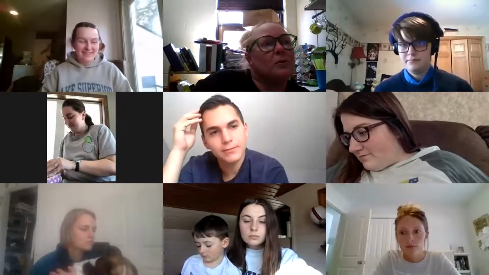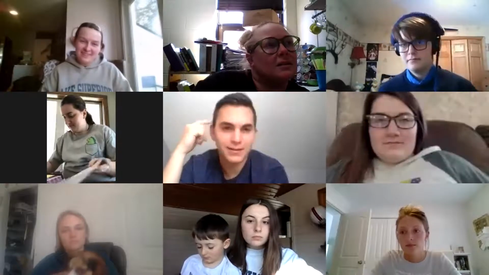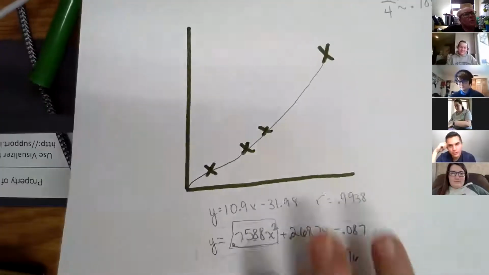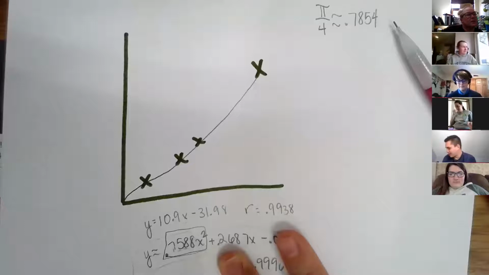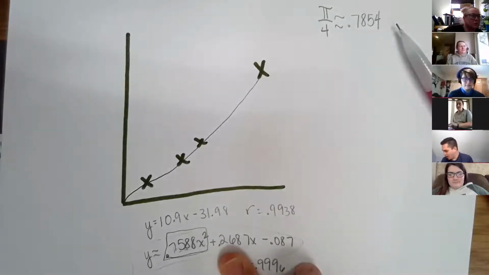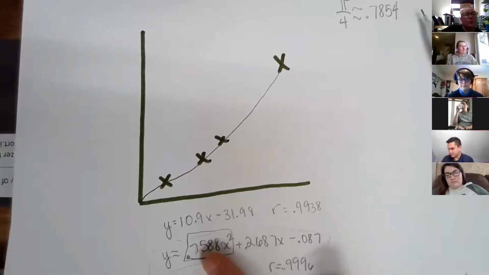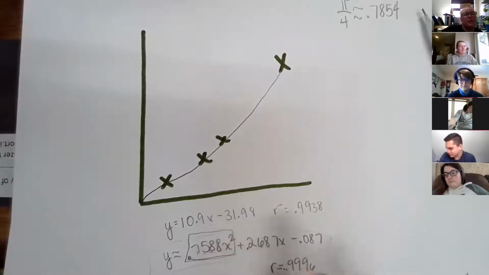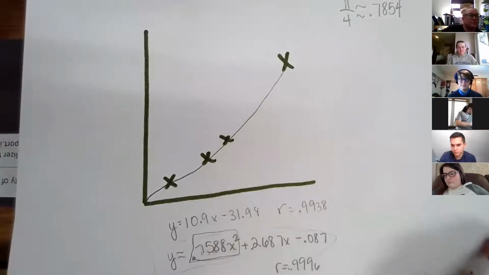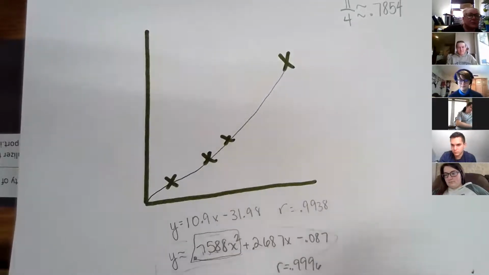And the more you do of these, you're going to get closer and closer and closer to where this is just going to be roughly 0.7854, and this is going to get really, really close to 1, meaning it would be perfect almost. Which is neat, right? So you can start to see this trend.